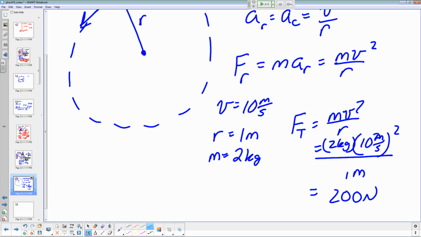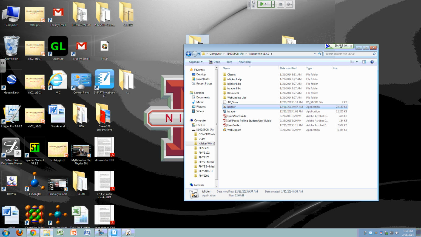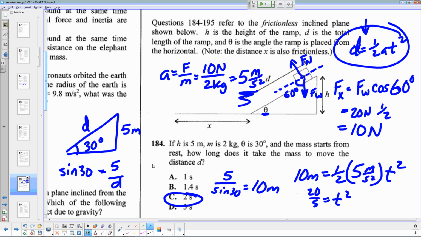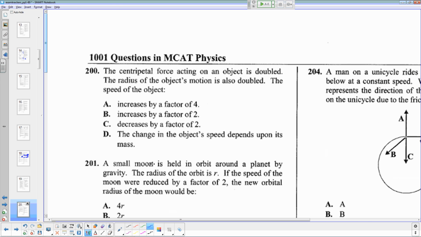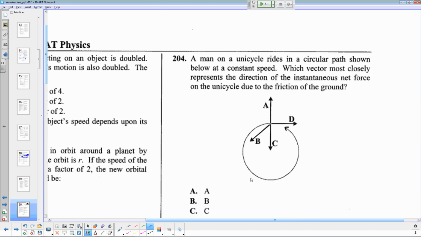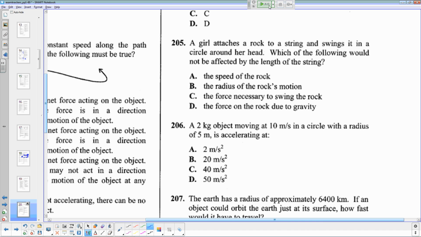Let's look at a clicker problem. Let's look at problem number 205. We'll just do a few questions and then take a little break.